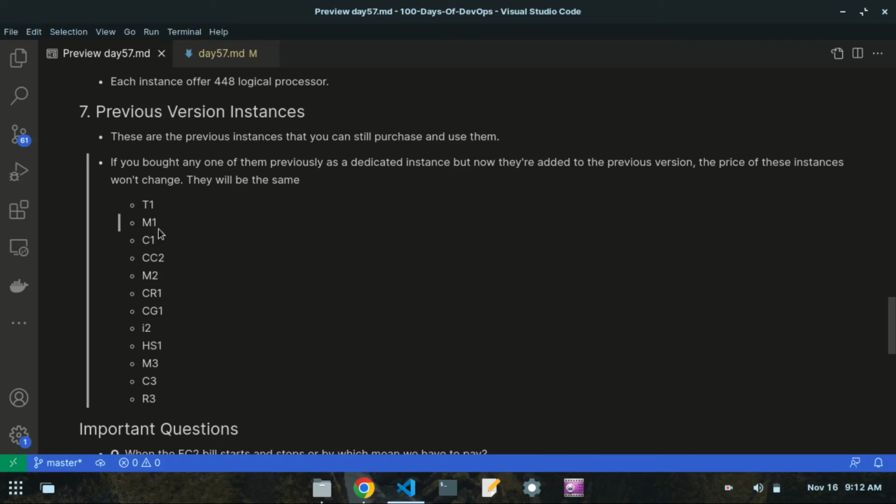This is your work to find it. It is your homework to find those instances. Amazon has created a better alternative for them, so that's why they have added them into the previous version instances, so that in the future they will discard them and they will not be used further, alright?